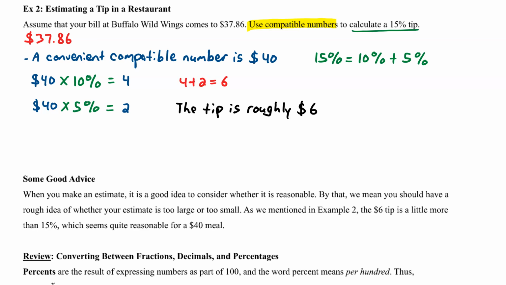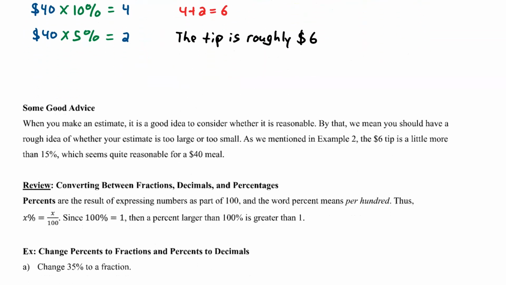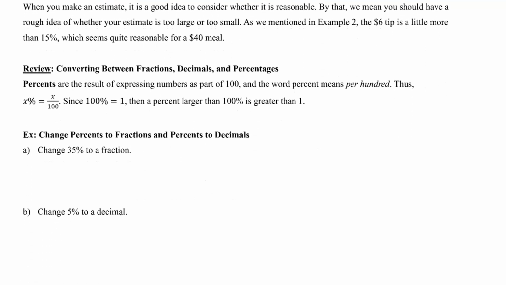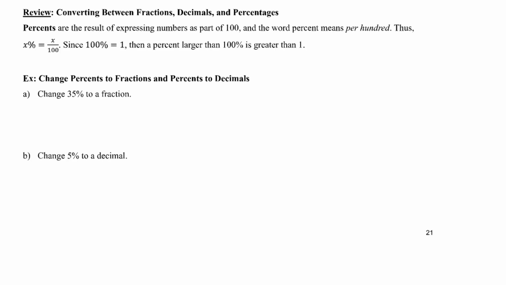The next thing that we look at is a little bit of review on converting between fractions, decimals, and percents, because we are going to be working with all of them. By definition, percents are the result of expressing numbers as part of 100. The word percent means per 100.